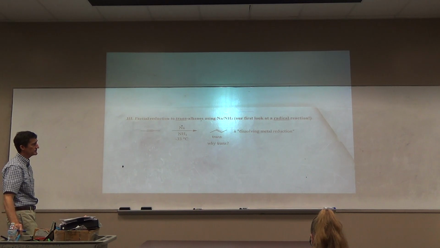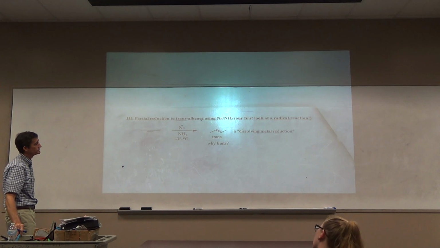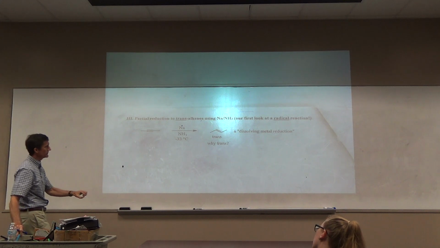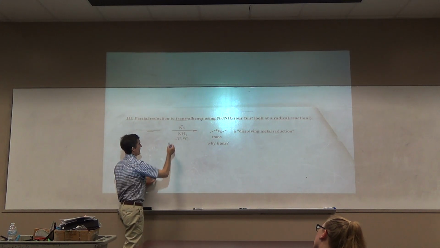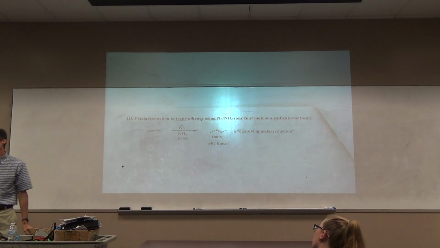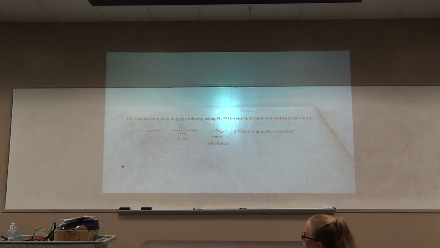Let it warm up, your solvent's going to evaporate real quick. You put sodium in, and it turns a brilliant blue, the color of these markers. You can find this on YouTube. And the electron is coming out of the sodium, and it's being solvated by the ammonia.